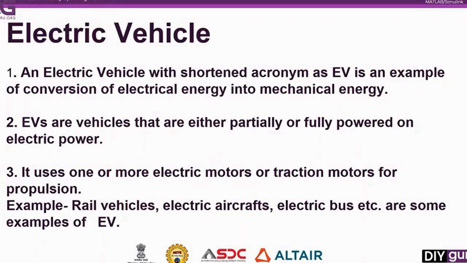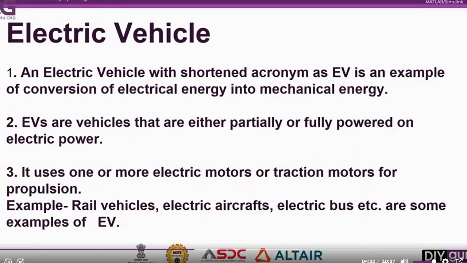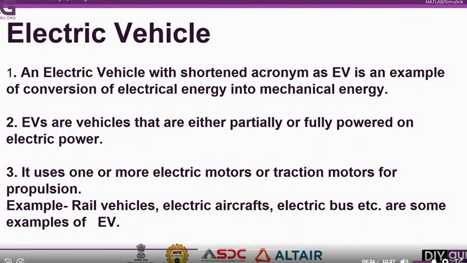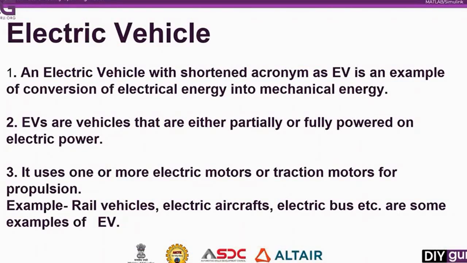What they use is a very high tension electric wire at the top, and then we use a pantograph to take that power from the high tension line to the locomotive, and then there are converters which will convert that very high voltage electricity into a usable form, and then use that to run electric motors and give the traction to railways.